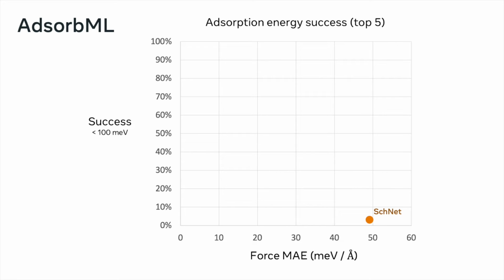We see that the early models didn't do that good of a job. The success rate was quite low. The next generation of models did a little bit better, but the most recent generation of models is performing quite well. Close to 90% of the time, we're actually getting results that are within 100 meV, which is a fairly small amount of error, of what you'd get if you computed them using DFT.